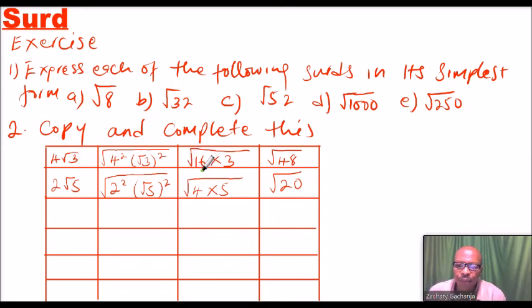So here, what have we done? We have put the square root sign. 4 squared is 16, so we have put 16, and instead of root 3, we have put 3 under the whole square root sign, where we learned that we can combine. So here we can now combine. If you are told to simplify 48, you end up with this. So this is just a manipulation of that.